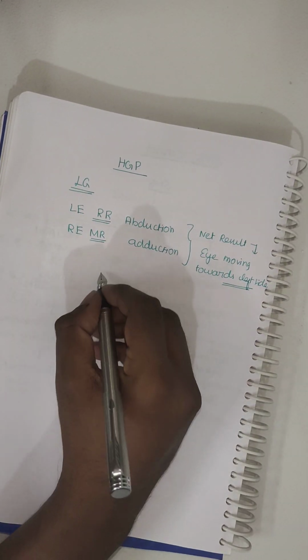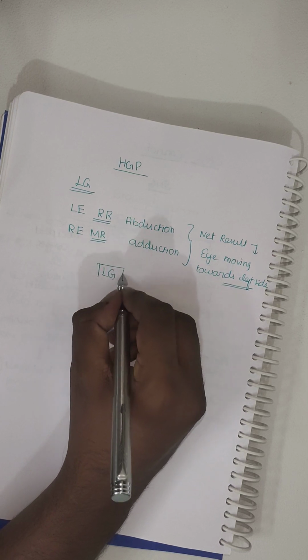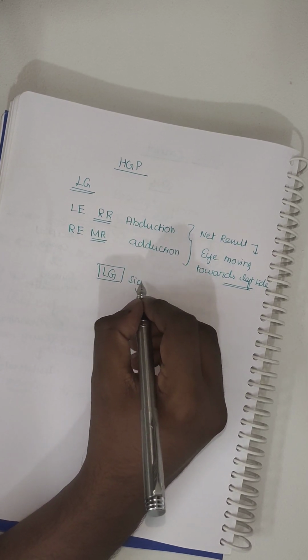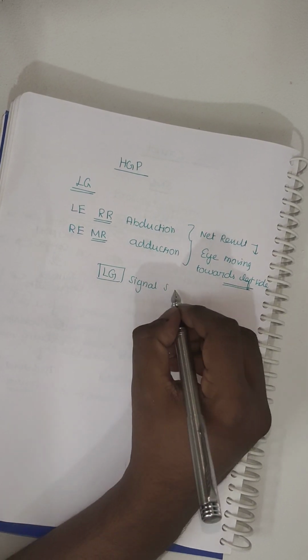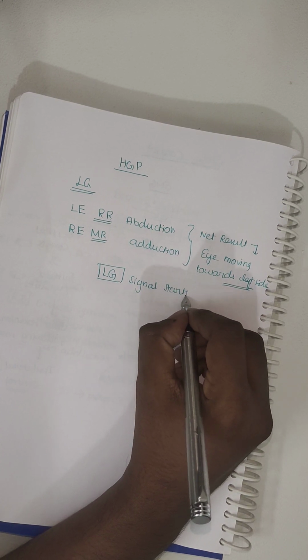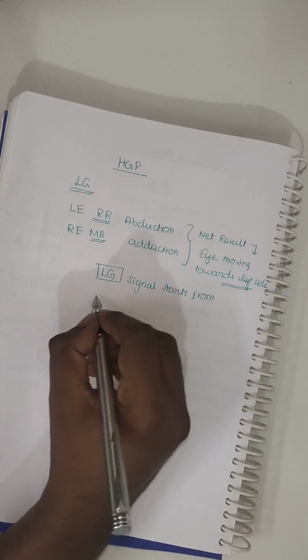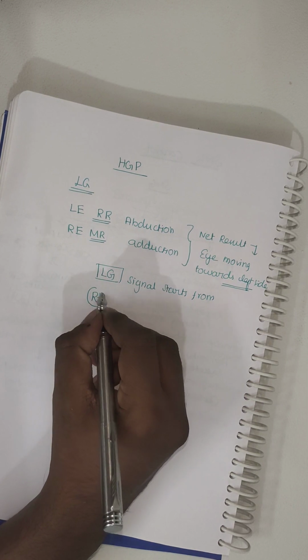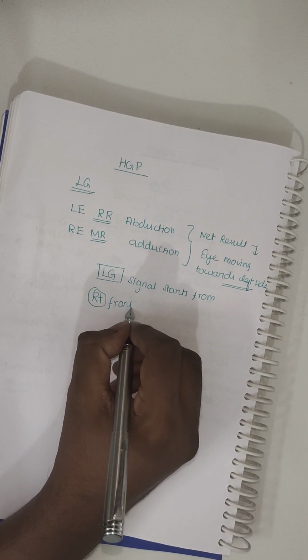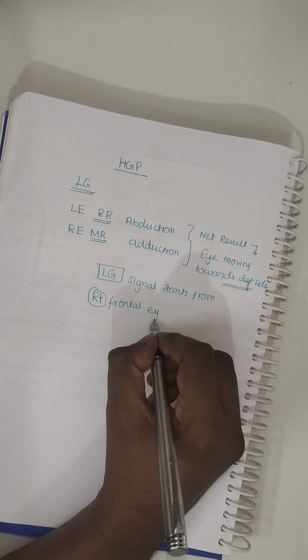The left gaze signal starts from the right frontal eye field.